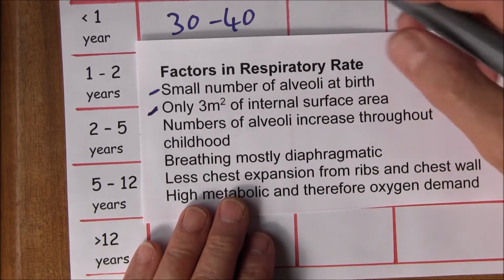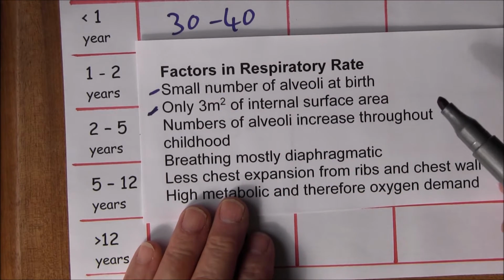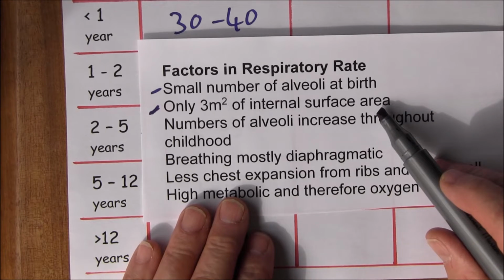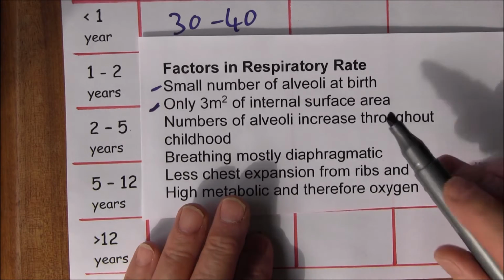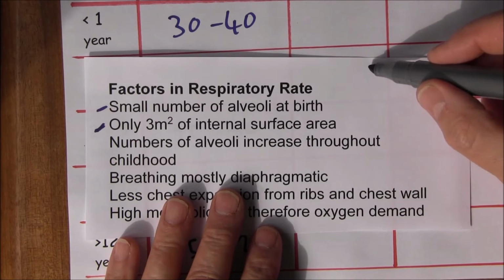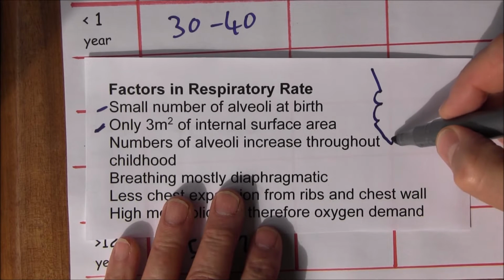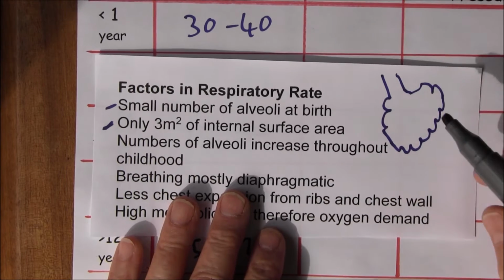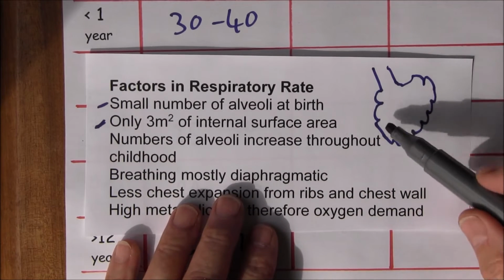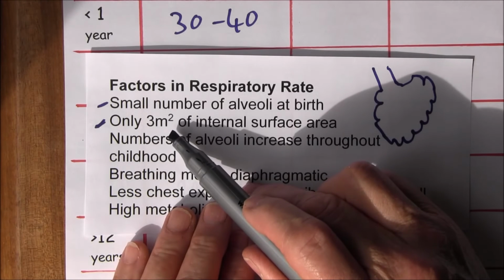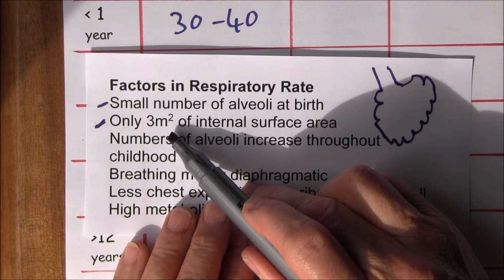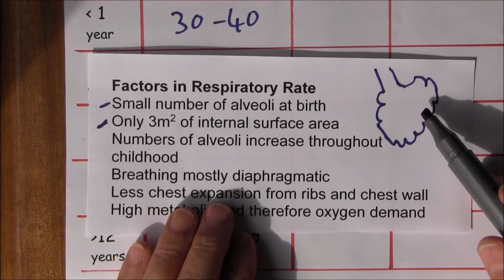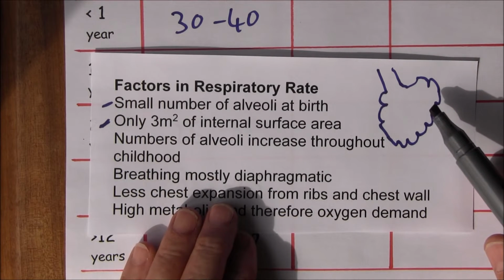In a newborn child, this is only about 3 square meters of internal surface area. If we opened all these alveolar air sacs out onto a flat surface in children, it would only be 3 square meters over both lungs, whereas the adult value is 70 to 100 square meters over both lungs.